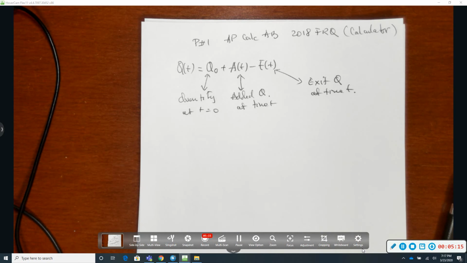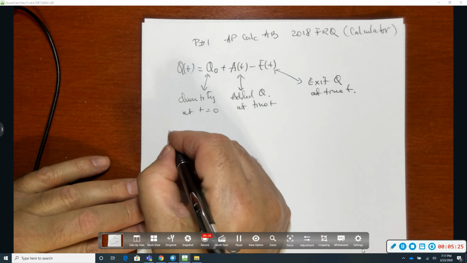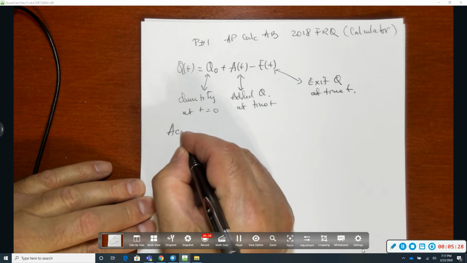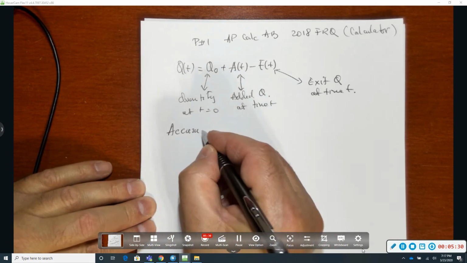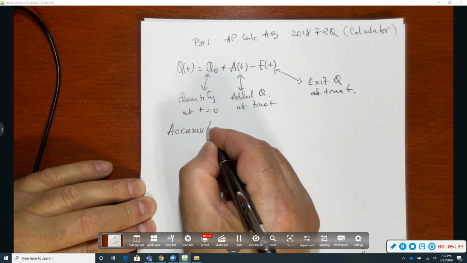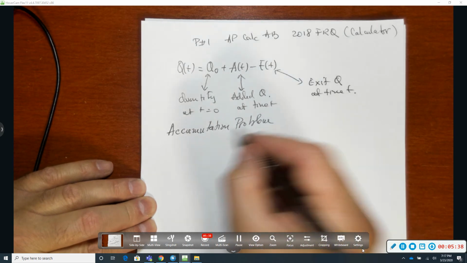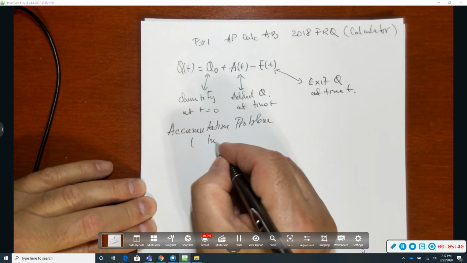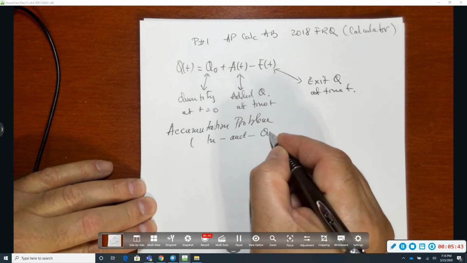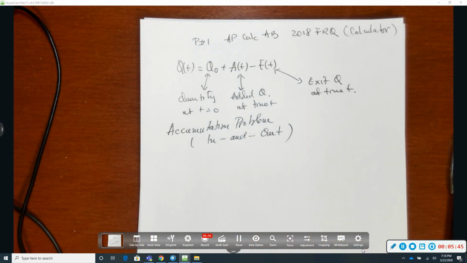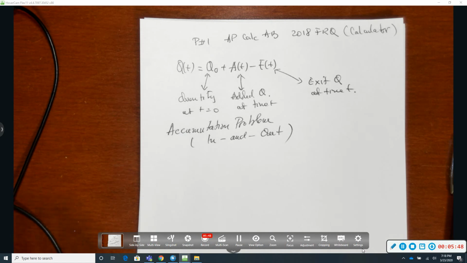So I think that now we have a way more general case of a problem rather than that particular one. And I'm going to name this case, and I'm not original in that, the accumulation problem, with the specific case of in and out quantities. Now, I'm going to go back to my problem and try to see how I can solve it.